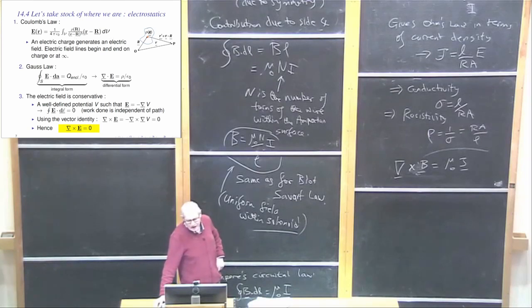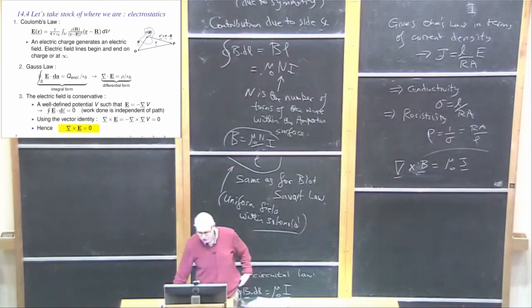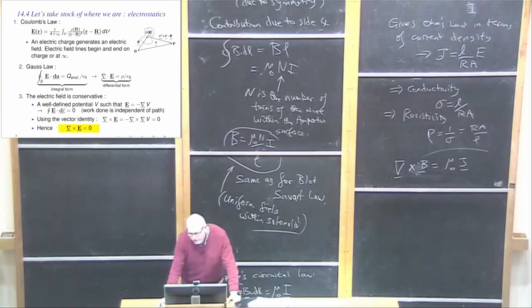I've expressed Coulomb's law in terms of a charge density. The force is 1 over 4 pi epsilon naught r squared, times q. So it's q over 4 pi epsilon naught r squared. It's r cubed because I don't have unit vectors here. I've got a little diagram there of what I mean. So that's the general form of Coulomb's law.